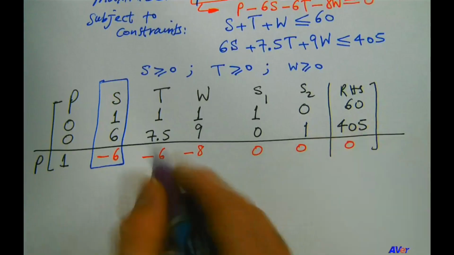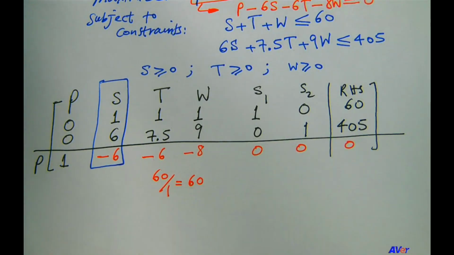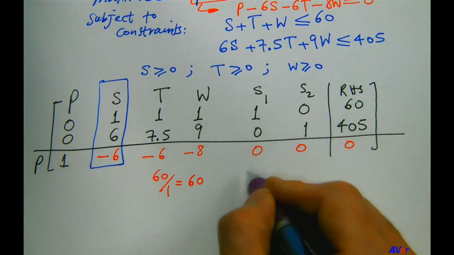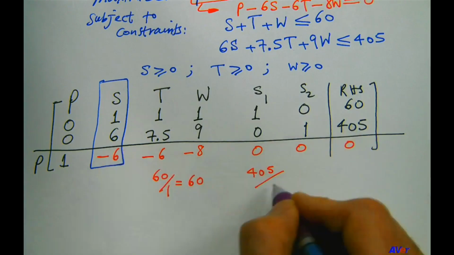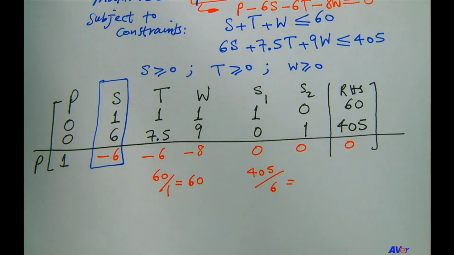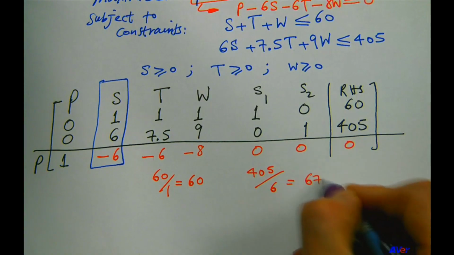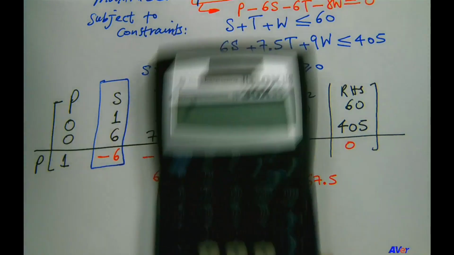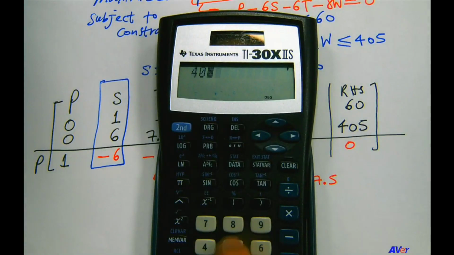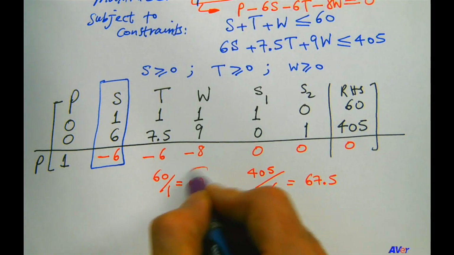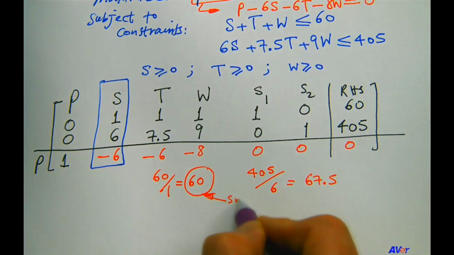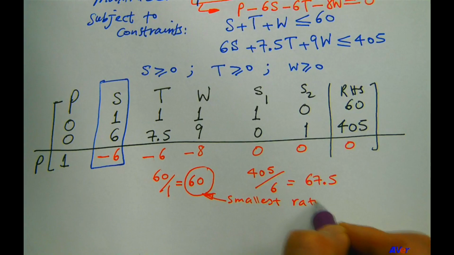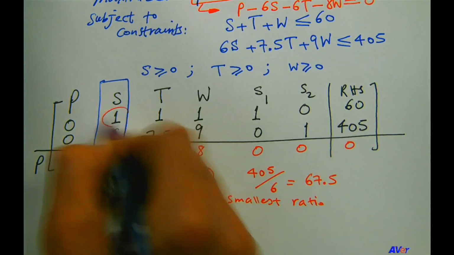We have 60 divided by 1, which is 60, and 405 divided by 6, which is 67.5. So 60 is the smallest ratio here. That means that 1 is going to be our pivot element.